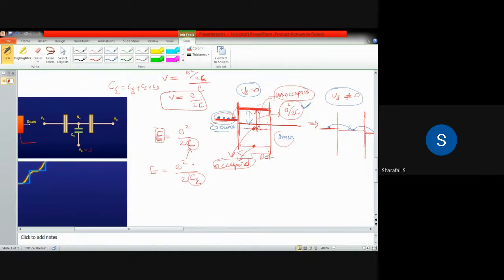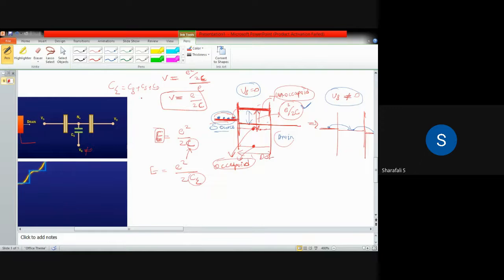But when you consider an additional potential, when Vg is not equal to 0, this capacitance will increase here.